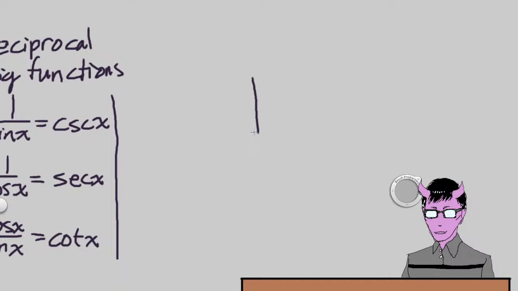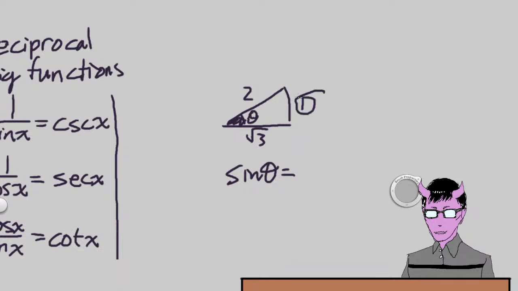So for example, if we were to take the sine of this particular angle, this is going to be the classic 1 to 2 to root 3. So taking sine of this angle right here, if we call that one theta, then sine of theta is equal to opposite over hypotenuse, which is 1/2.